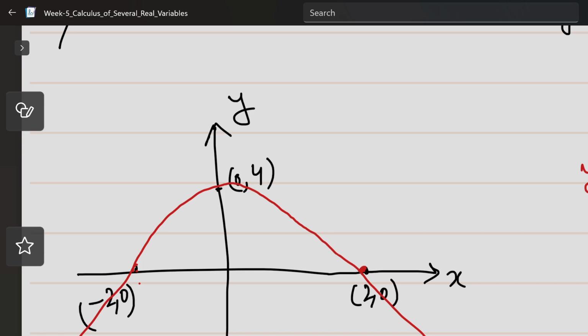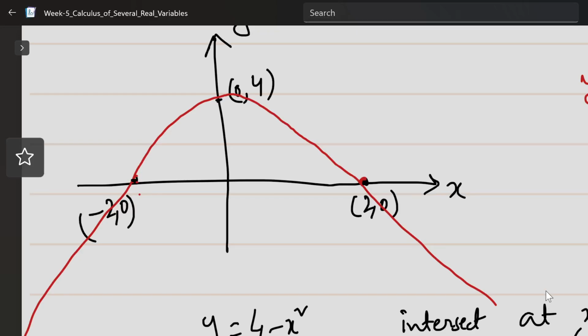Intersect at the x-axis means the coordinate is something comma 0, say alpha comma 0. So this point alpha comma 0 will be on this parabola, right?